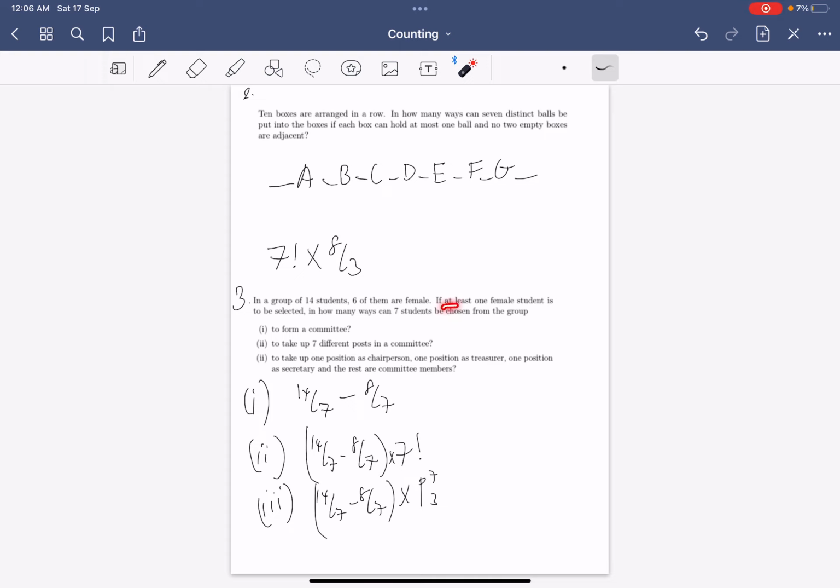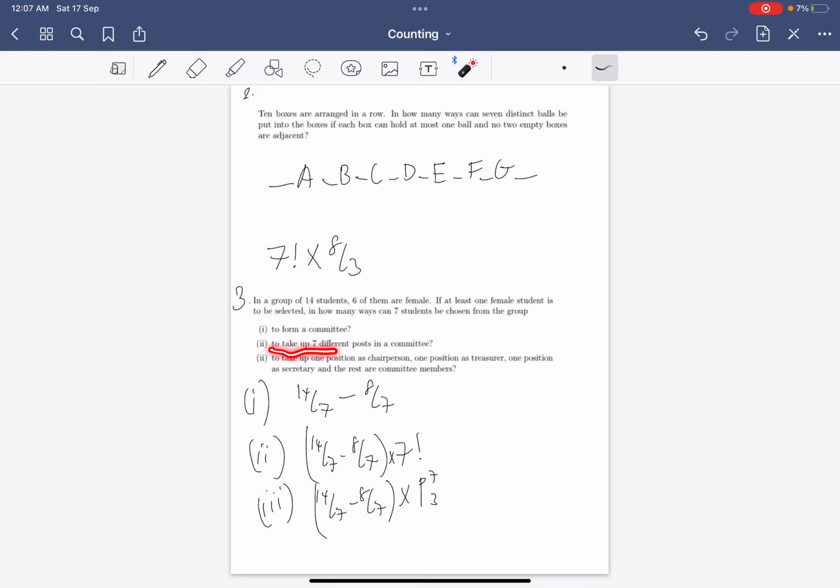Since this is showing at least one female, we can take the complement as it will reduce the amount of counting that we need to do. We take the total number of ways first to choose 7 people, which is 14 choose 7, and then we subtract the event that no female student is chosen, in which case the 7 people were all from the males, and that will be just 8 choose 7.